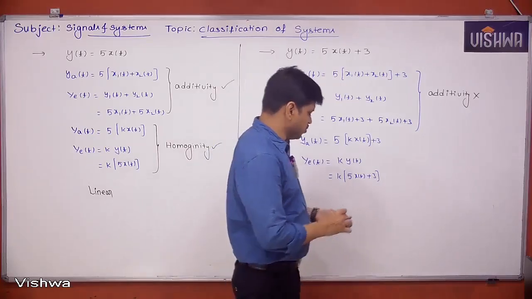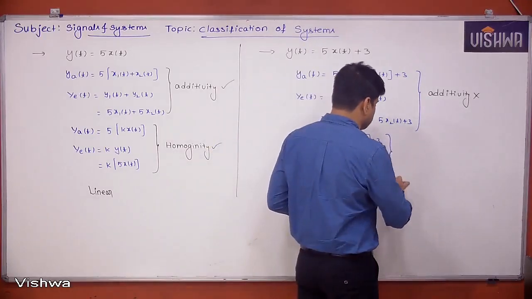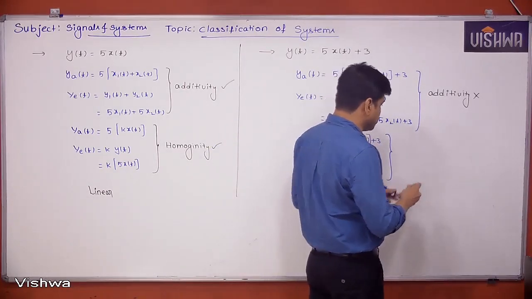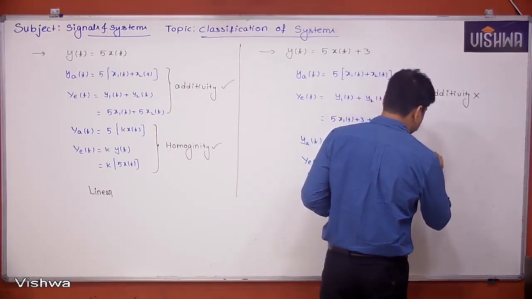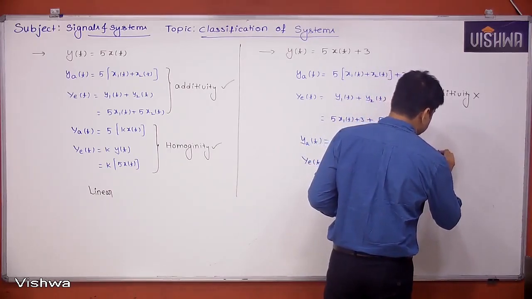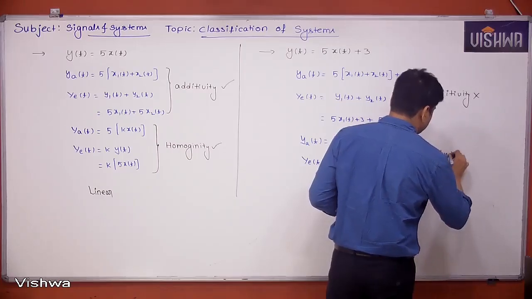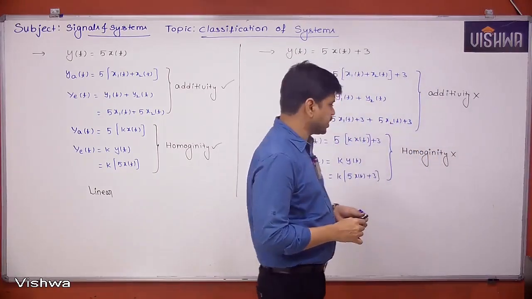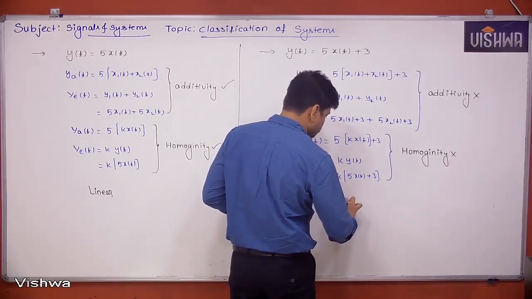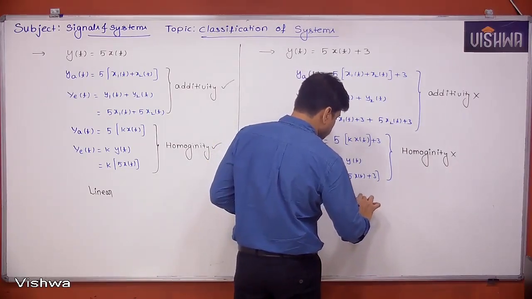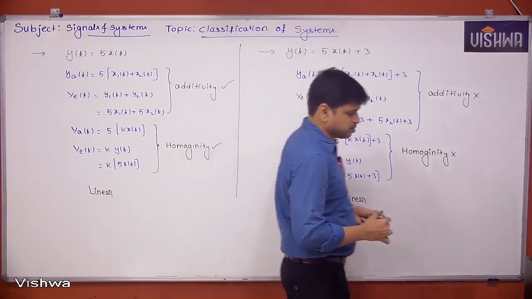So both are not equal. So again, homogeneity is not satisfied. So I can say the system is non-linear. Take it. Non-linear.